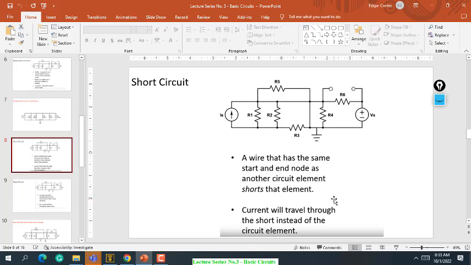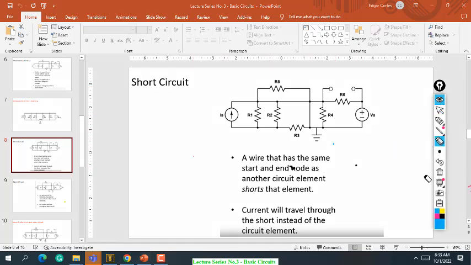So, short circuit, okay? A wire that has the same start and end node as another circuit element shorts that element, okay? The current will travel through the short circuit instead of the circuit element. So, that is the definition of short circuit.